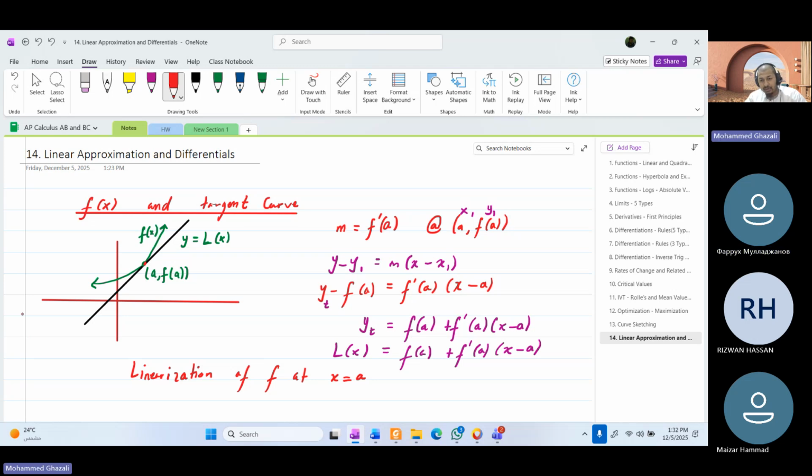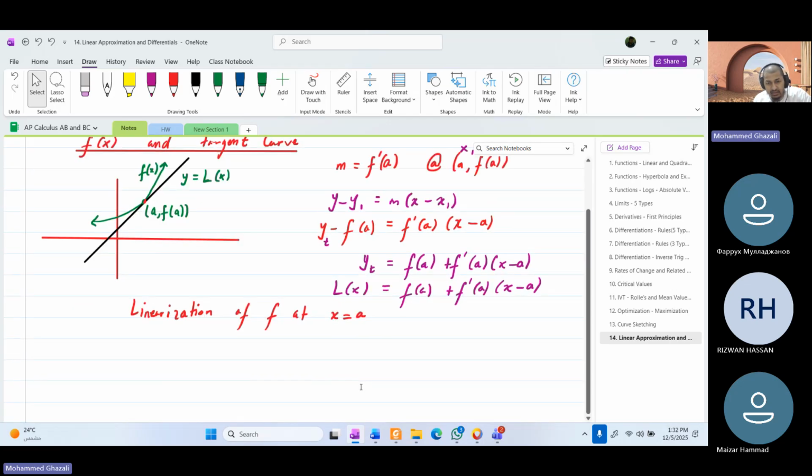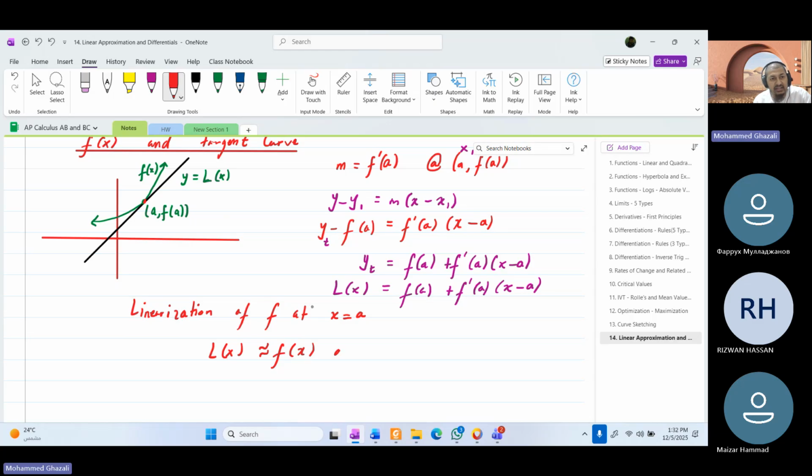Yep. Now remember, what is this L of x? L of x is basically an approximation to f of x. So L of x basically approximates f of x near a, or you can say at x equal to a.